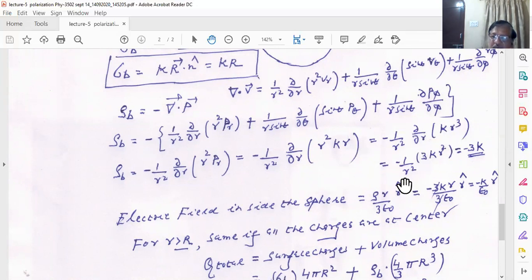The r square and r square cancel, so you get minus 3k. So the volume charge density of the bound charges is minus 3k. We have calculated sigma b and rho b, and you see rho b is not zero because polarization is non-uniform. If polarization is non-uniform, rho b gets some value, minus 3k.